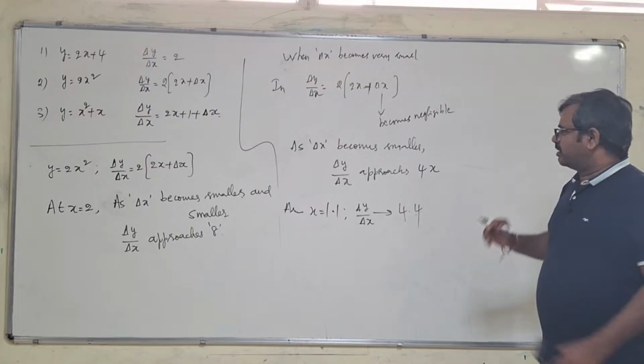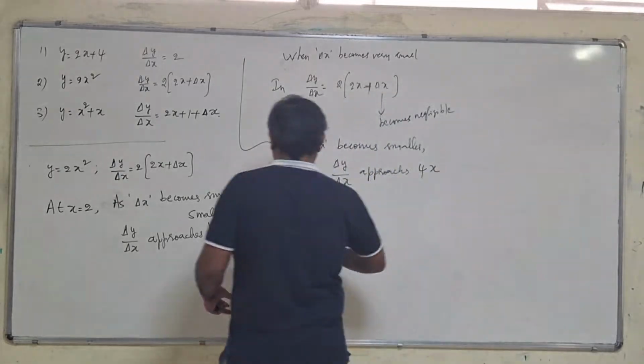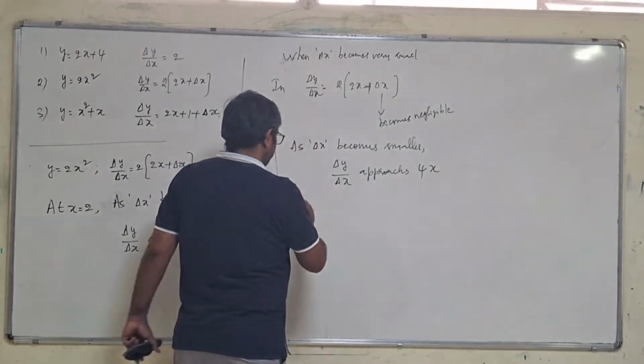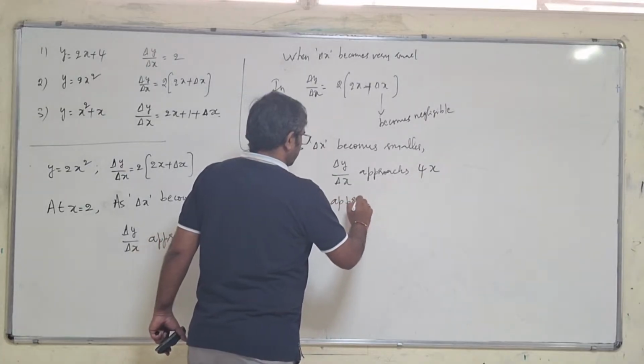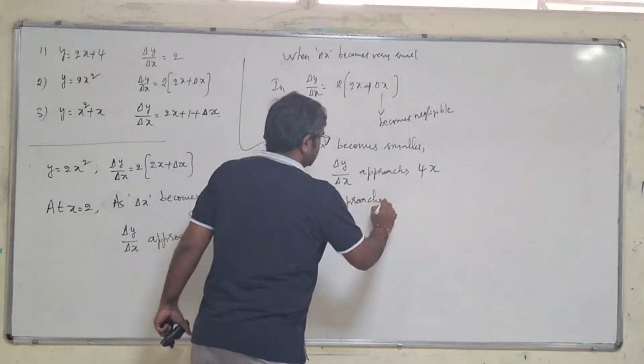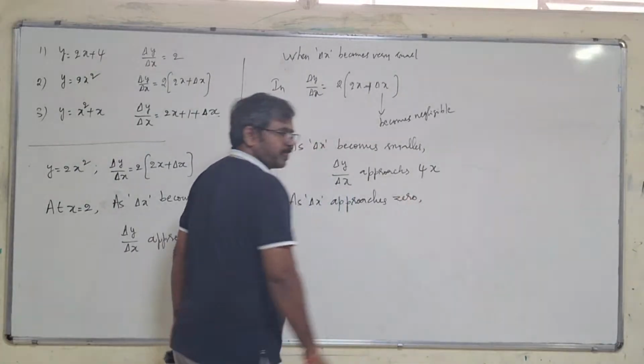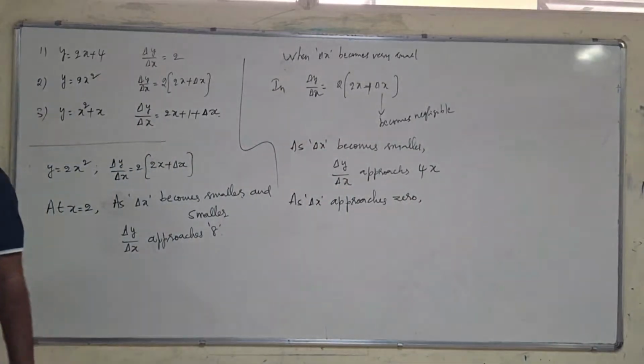Okay. So here the conclusion is that as delta x becomes smaller, it means as delta x approaches 0, not equal to 0, approaches 0, becomes small. That's all I'm saying. Don't take it equal to 0. Delta x is not 0.